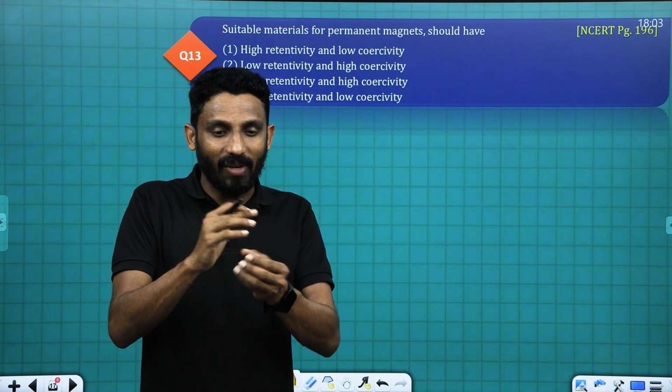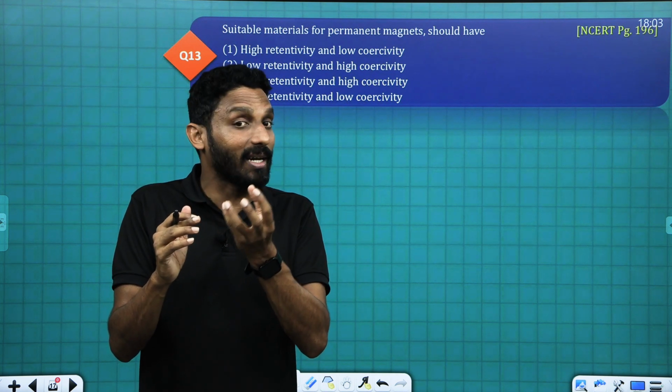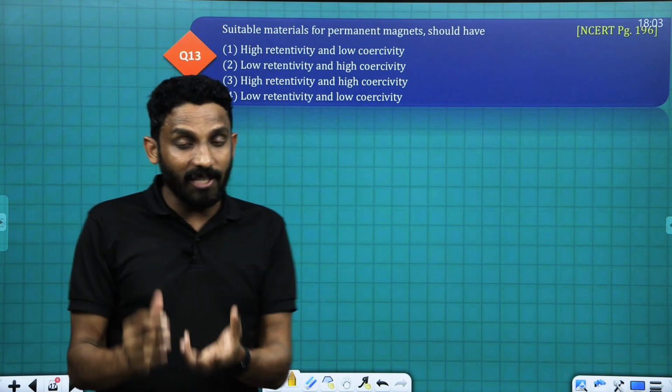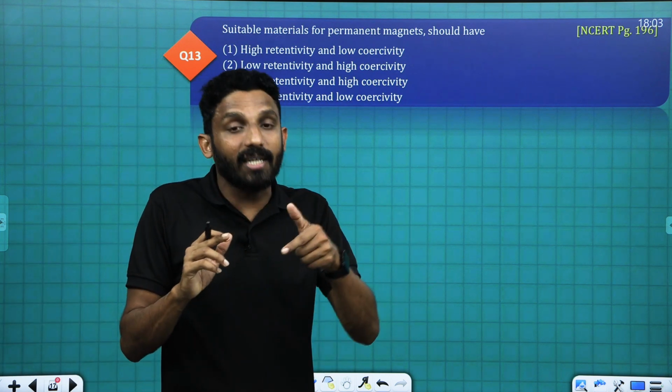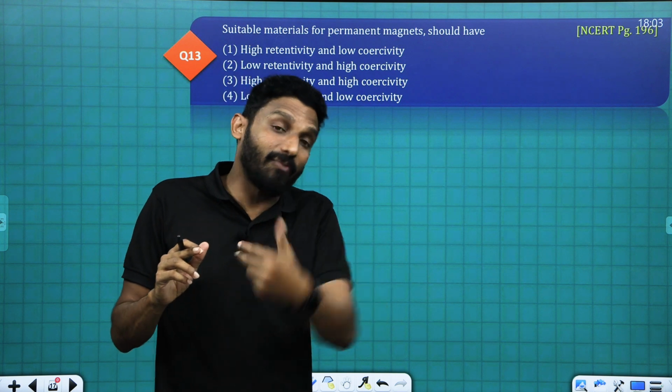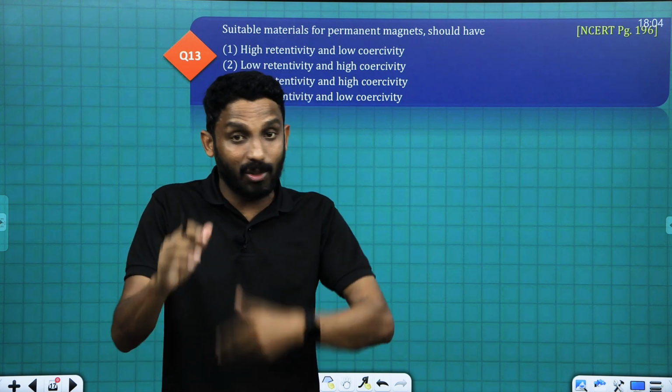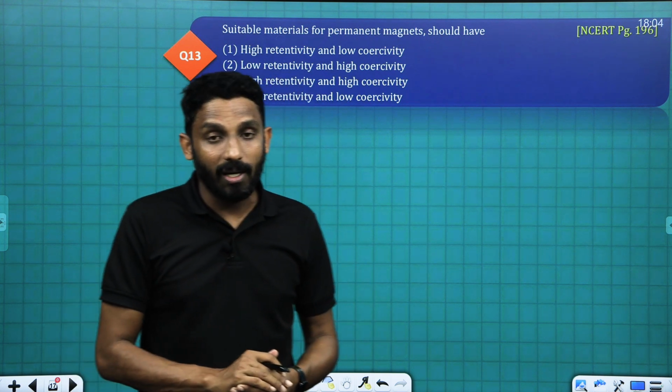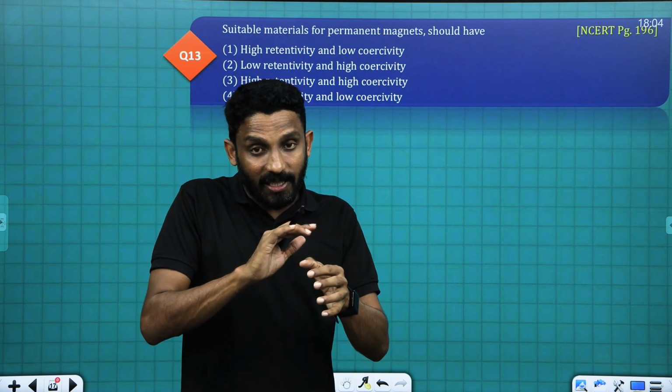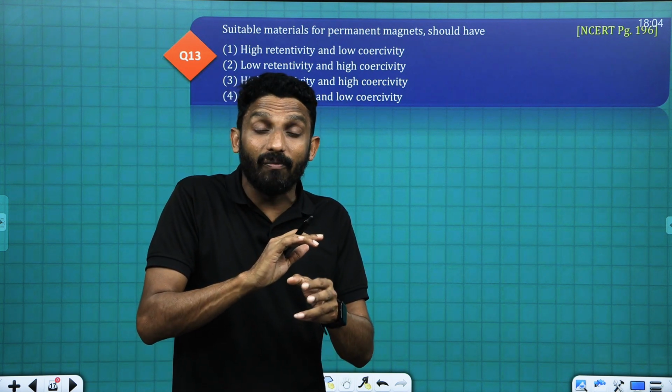The strength of retaining should be very high. And coercivity is the opposite intensity we should apply to nullify the retained magnetism. We studied it.